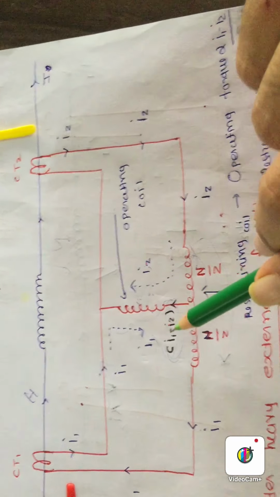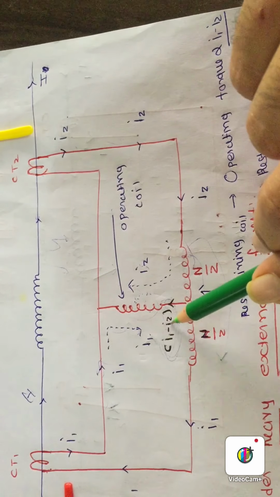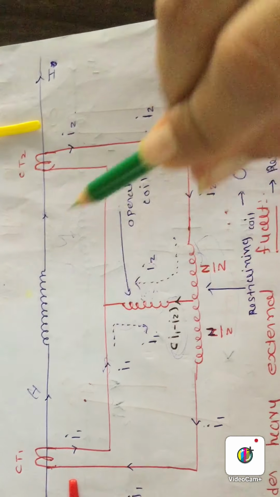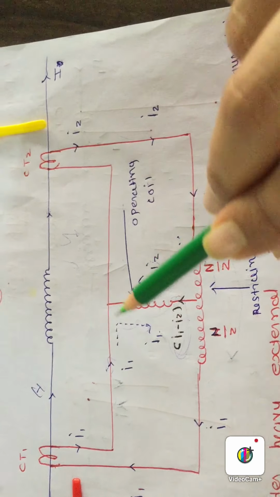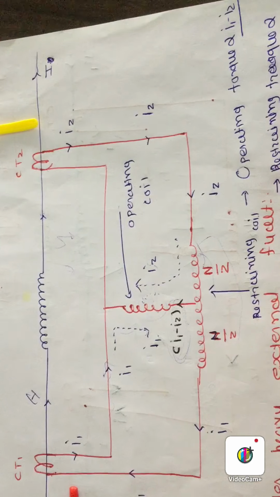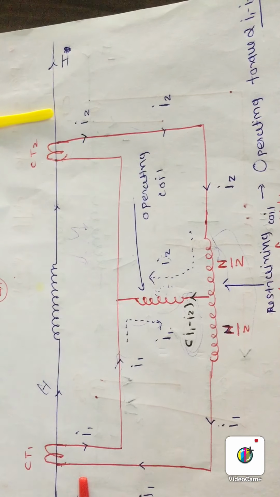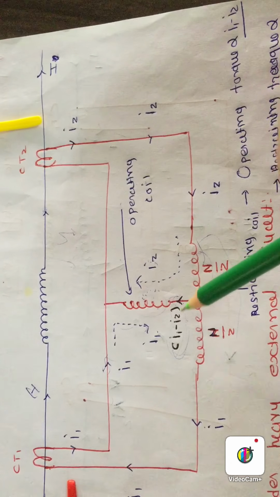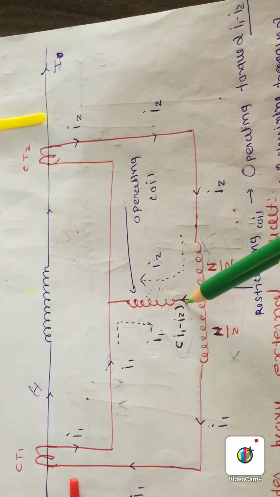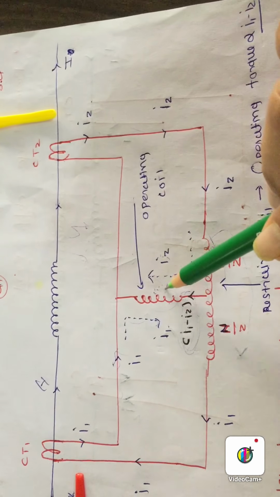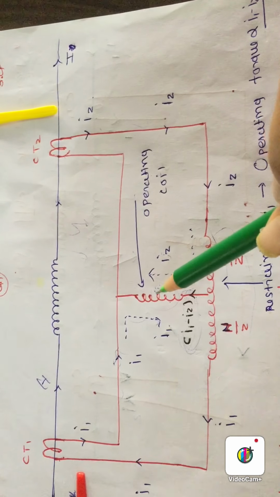Let's say in normal condition I1 minus I2 must be 0. If the CT is ideal, then I1 minus I2 will become 0, but the CT is not ideal, that's why it will not become 0. So here you can see that I1 minus I2 will not become 0, and that's why some operating torque is available here in normal condition also.